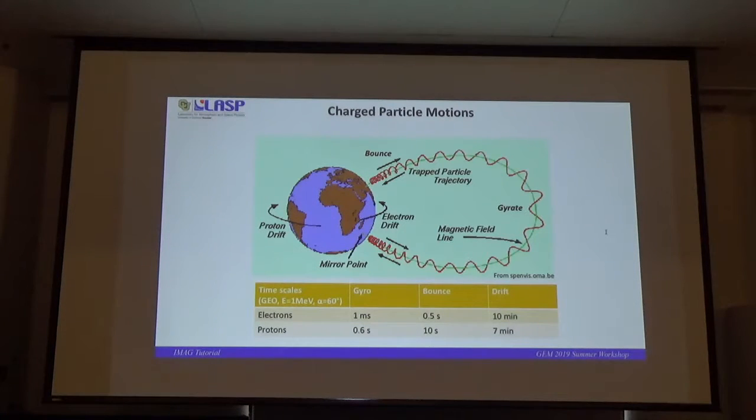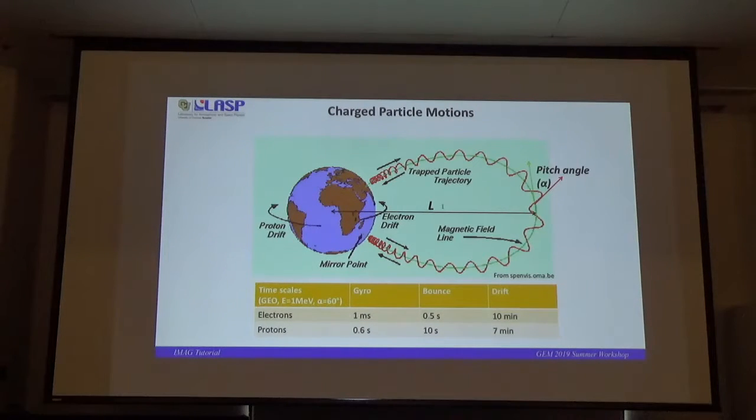Charged particles in the geomagnetic field exhibit three different kinds of motions. They gyrate around the magnetic field line, bounce between the two mirror points along the magnetic field line, and drift around the Earth. The time scales of the three motions are very distinctive. Another two important parameters we often use in radiation belt study are L shell and pitch angle.